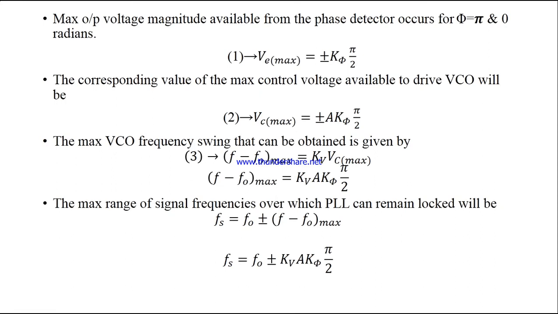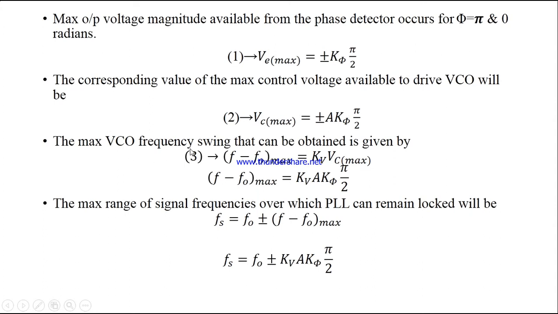Maximum output voltage magnitude available from the phase detector occurs when phi equals pi or 0 radians. From equation 1, the maximum voltage is Ve equal to plus or minus K phi pi by 2. Similarly, the corresponding maximum control voltage available to drive the VCO follows from equation 2.